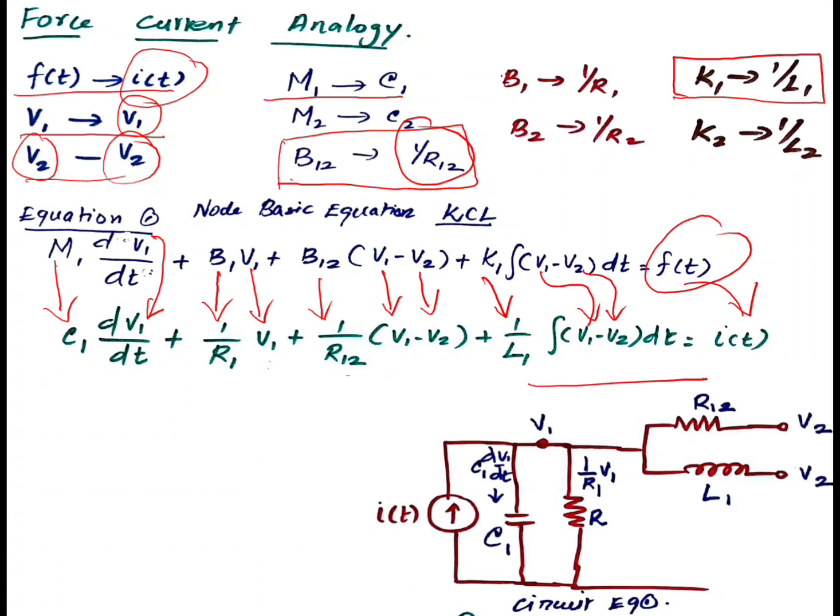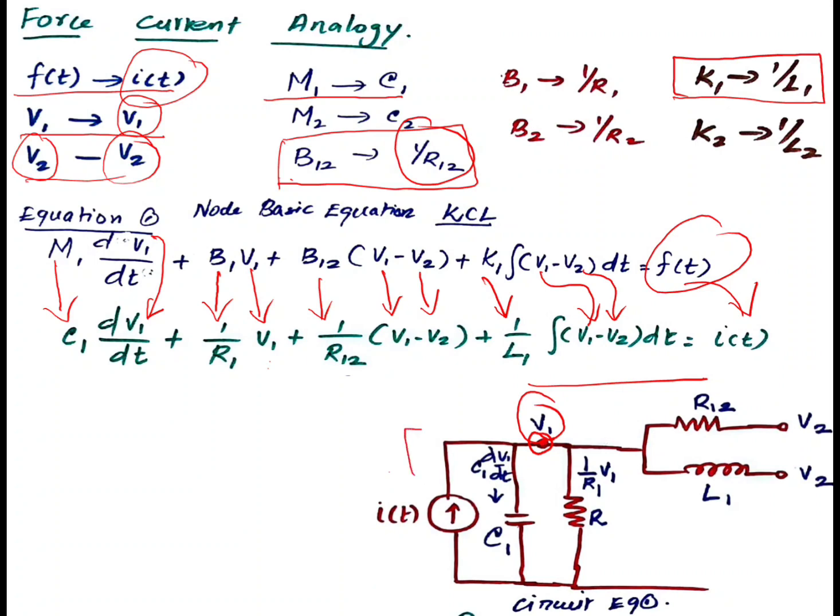Now, here in current analogy, we have to put all these things in parallel because this is a current source. So I'll start with the current source, and here we are going to consider a node. In this junction the voltage is V1, and in that junction all the currents are joining.